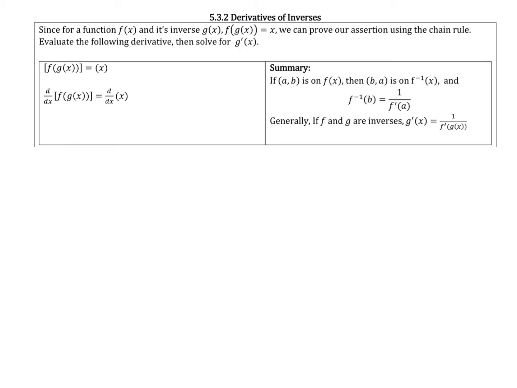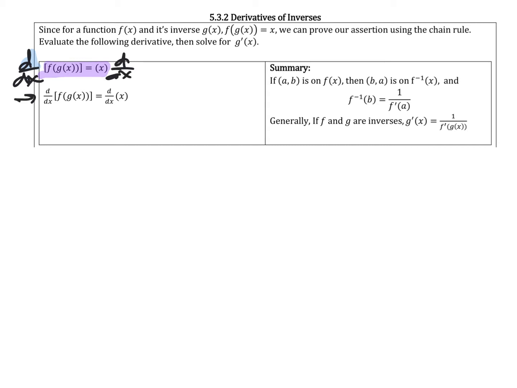So we're actually going to derive this relationship between a function and its inverse, or the derivative relationship between a function and its inverse. We know that two functions are inverses if this purple statement is true, if the composition of those two functions is equal to x, which means we could find a derivative relationship by simply taking the derivative with respect to x of both sides, and that's what's written here.